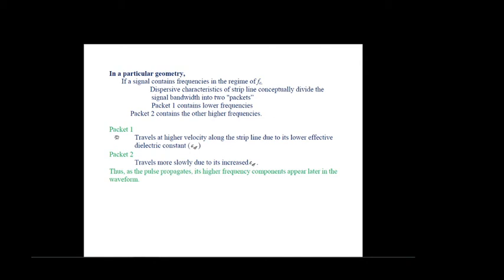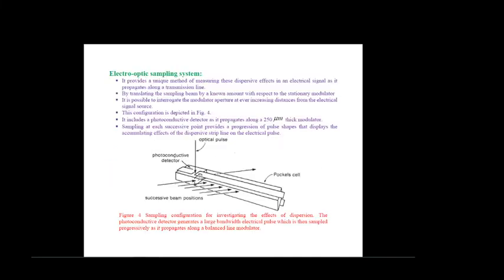The lower frequencies will experience a lower effective dielectric constant, and therefore packet 1 travels at a higher velocity along the strip line, whereas packet 2 travels more slowly due to its increased effective dielectric constant.